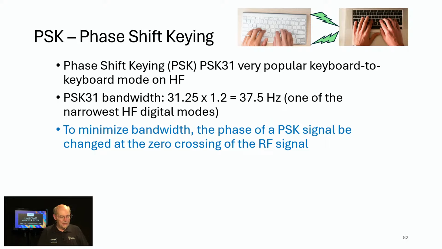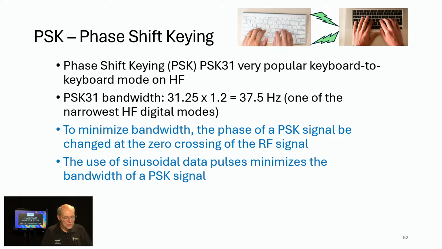I've got a diagram of that coming up in a bit that I think will make that a little bit clearer. And then the use of sinusoidal, like a sine wave, data pulses minimizes the bandwidth of a PSK signal. So there are 2 mechanisms built into the mode that cause it to take up very little space, very little bandwidth.